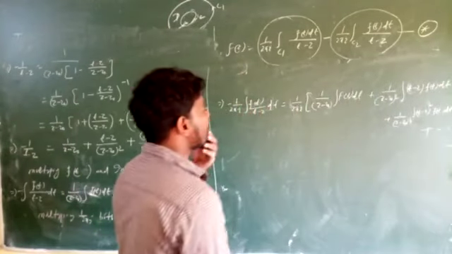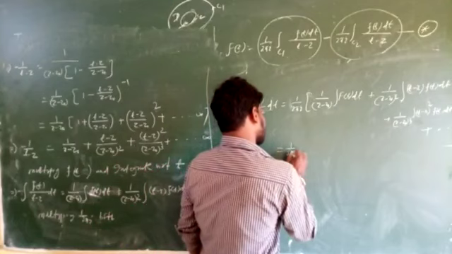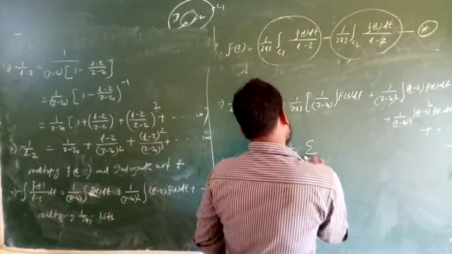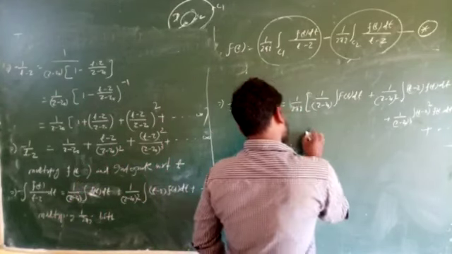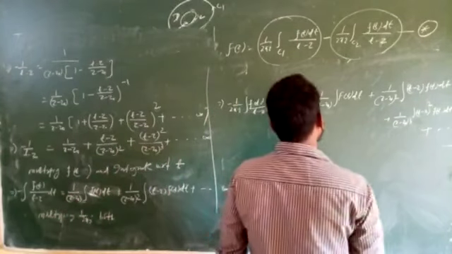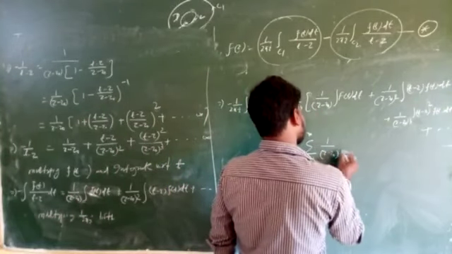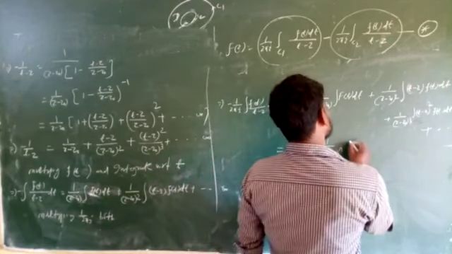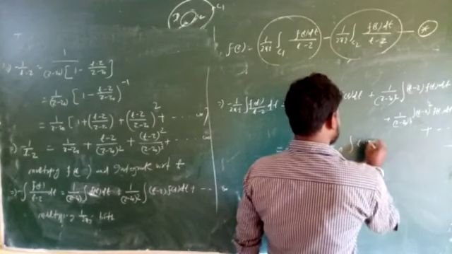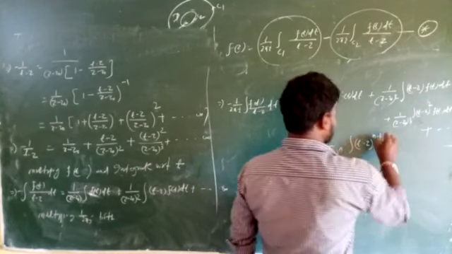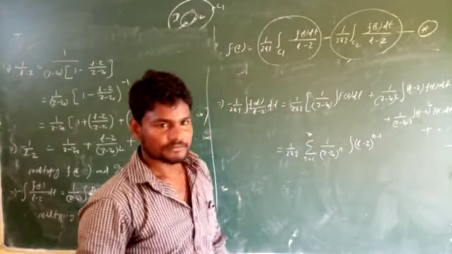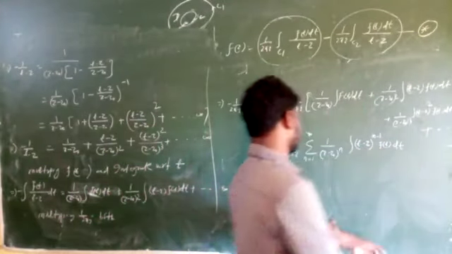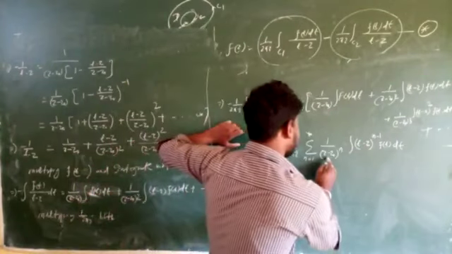Then this can be written as 1/(2π) times the summation from n equals 1 to infinity of 1/(z − z0)^n times the integral of (t − z)^(n−1) f(t) dt. The first term is zero. We arrange this; this is the constant term.